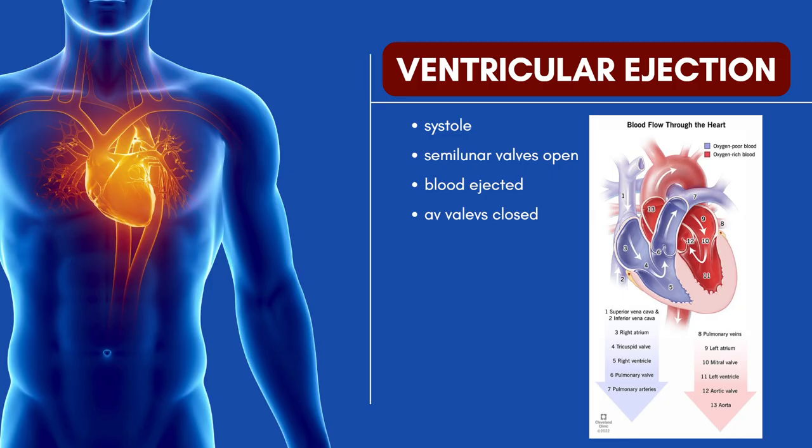Blood is pumped out of the right ventricle to the lungs and out of the left ventricle to the body. During this phase, the AV valves remain closed to prevent backflow. So again, we have systole, the semilunar valves open, blood is ejected, and then the AV valves close after that.